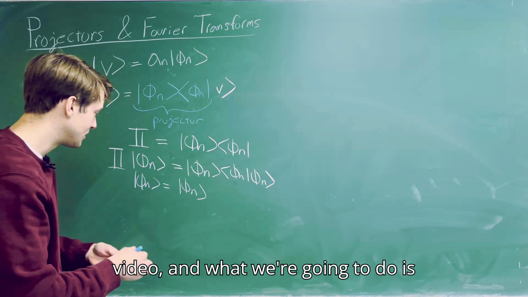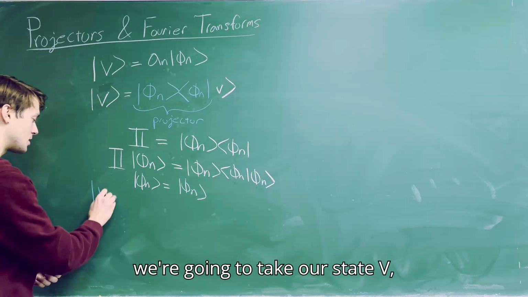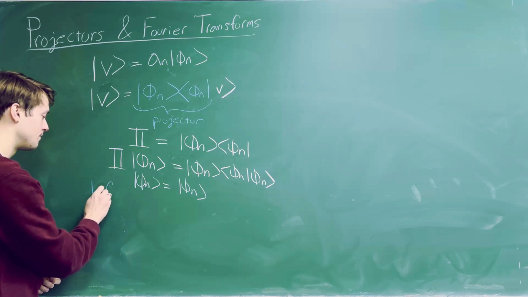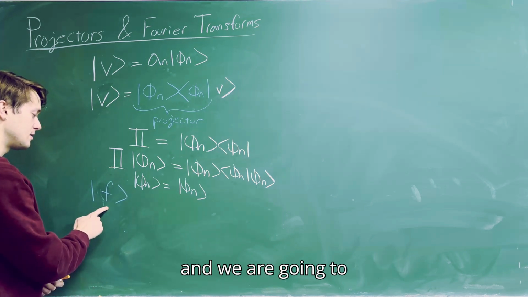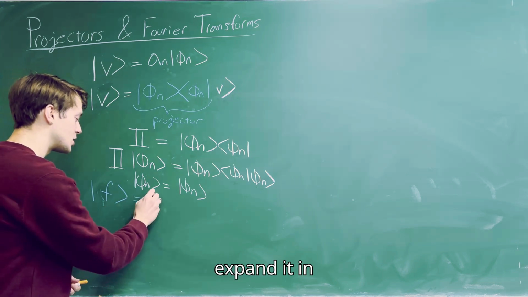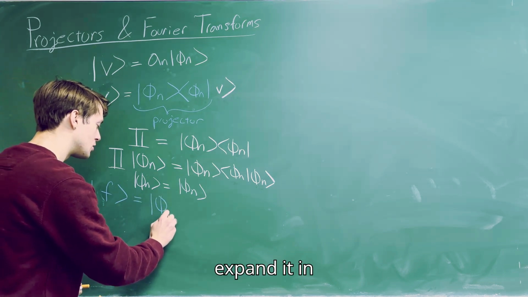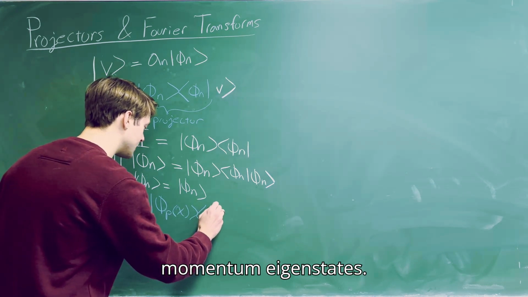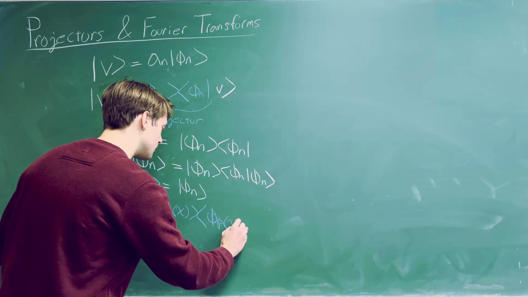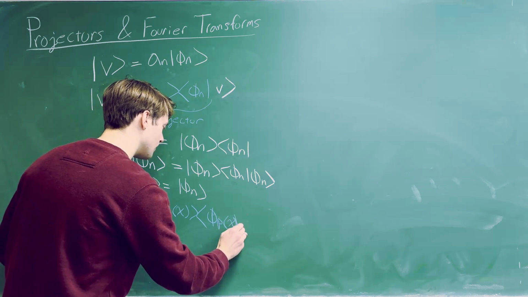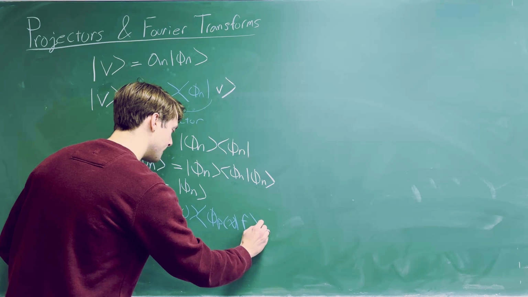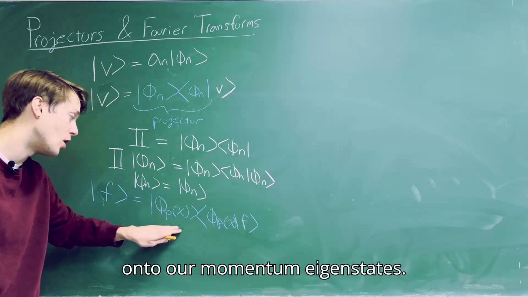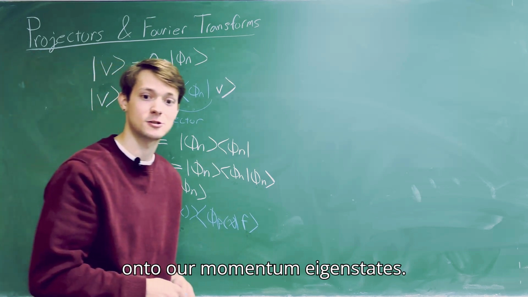And so what we're going to do is we're going to take our state V. I'm actually going to rename this to be F. And we are going to expand it in terms of our momentum eigenstates. We're going to project our system onto our momentum eigenstates.